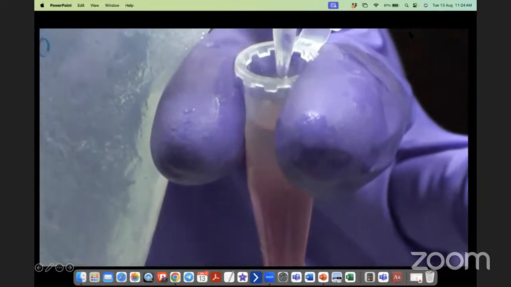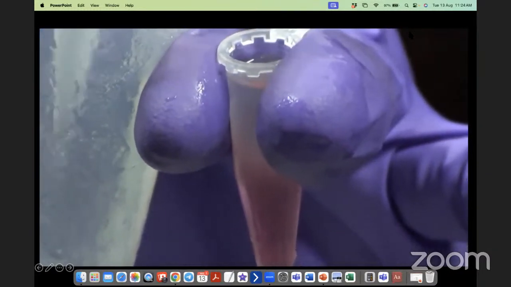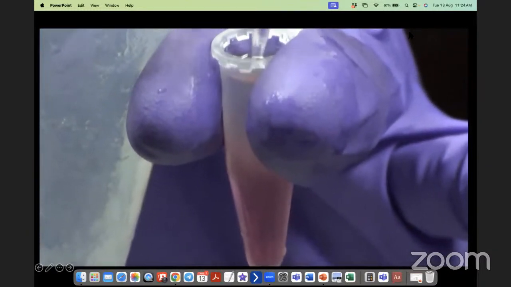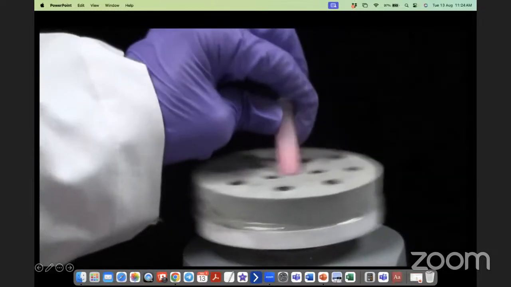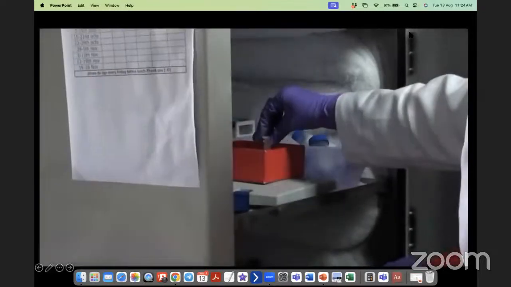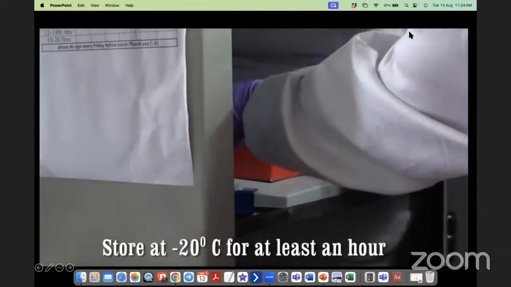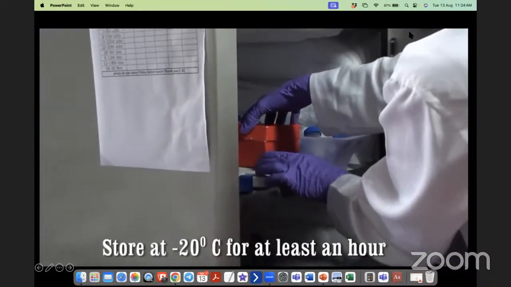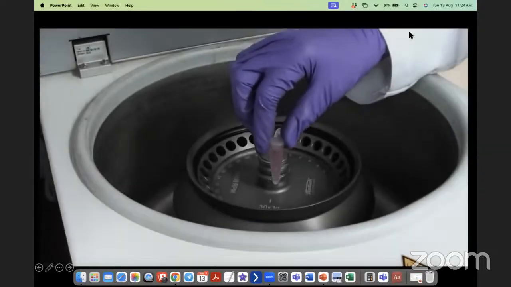Then, add chilled acetone to this tube and mix well by vortexing. Store this solution at -20 degrees Celsius for at least an hour before centrifuging it to obtain the protein pellet.